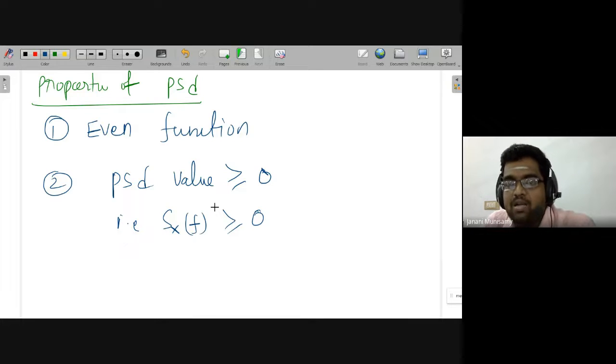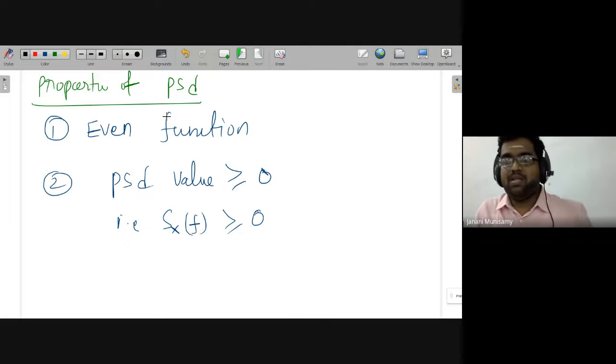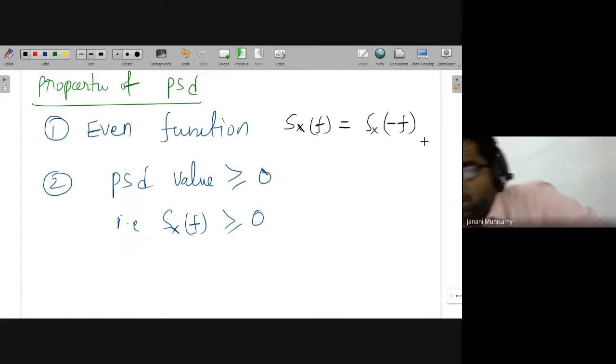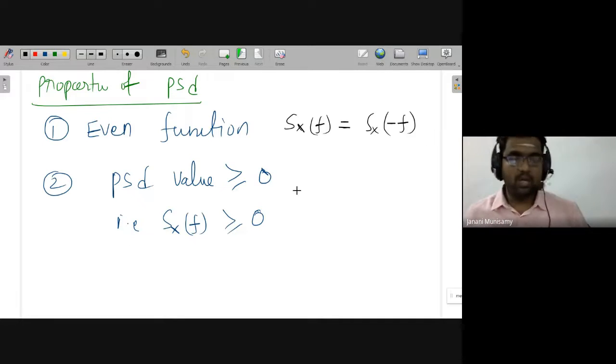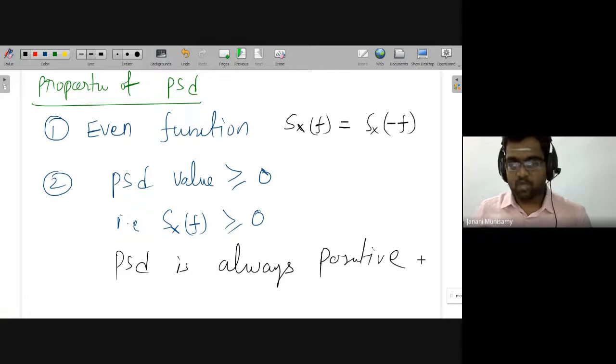The voltage and current may be negative, but power can never be negative. So that is the other property. Only two properties. One is with respect to the even function: Sx of f and Sx of minus f are both even functions of frequency. Then the power spectral density value at any point cannot be negative, it is always positive. So PSD is always positive. These are the two properties of the PSD, power spectral density.